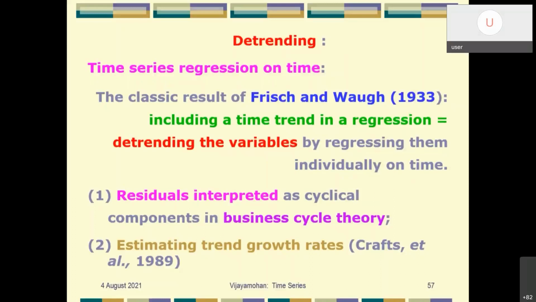So we have to remove the inflation, that is, we have to deflate the consumption expenditure series and income series. Then using these deflated series, we do the regression. That is the real regression, the regression on real terms.